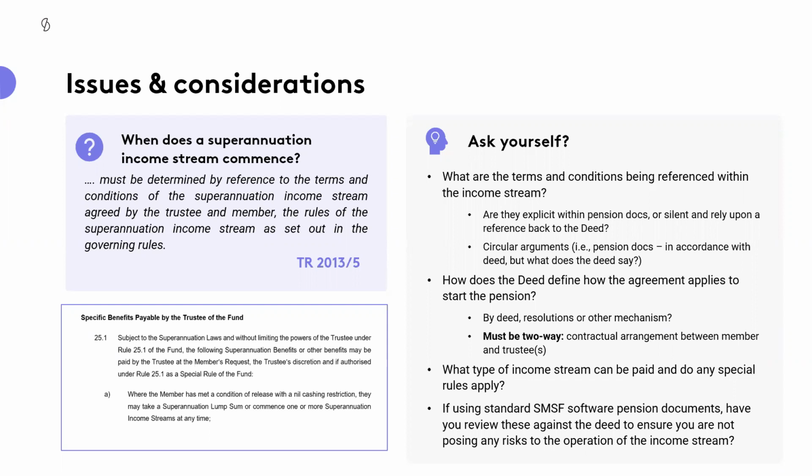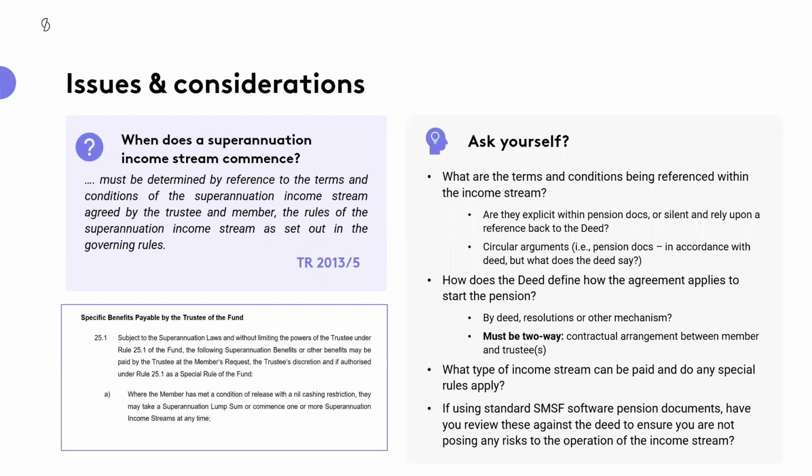In a deed like we have here at Smarter SMSF, and again, this is a common approach with some deeds, we have a fairly generic referencing of the pension, the ability to pay pensions and the powers to pay pensions, which therefore means we can't be bland in the operation of our pension documents.